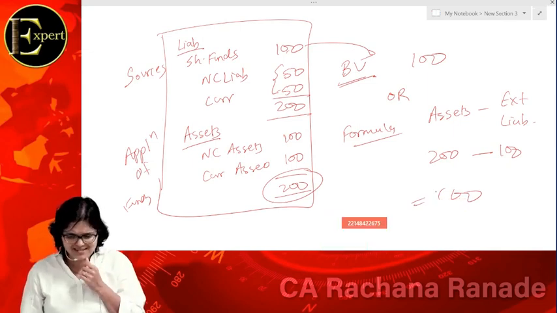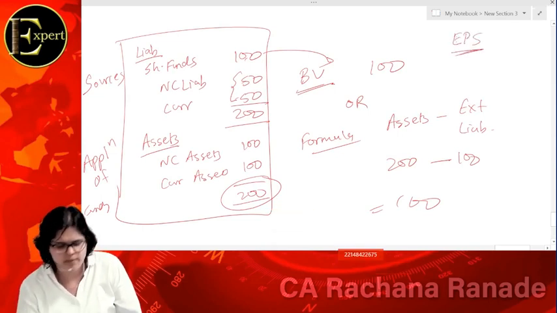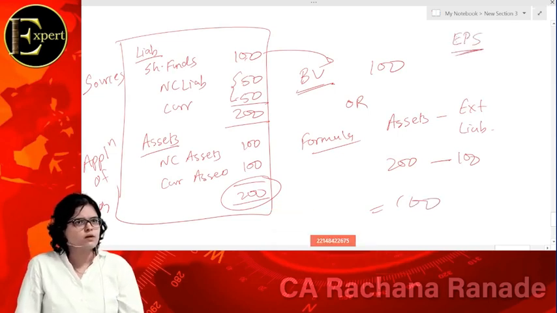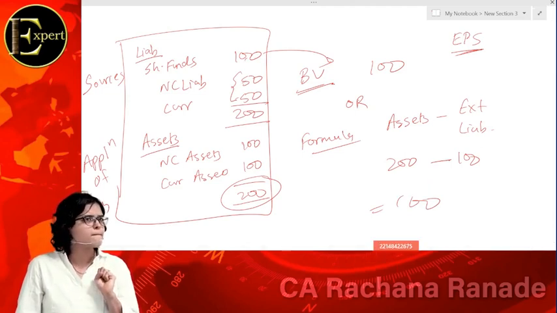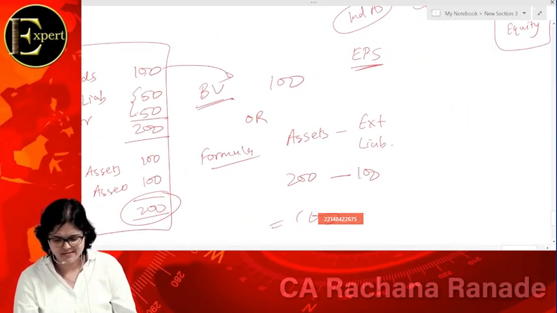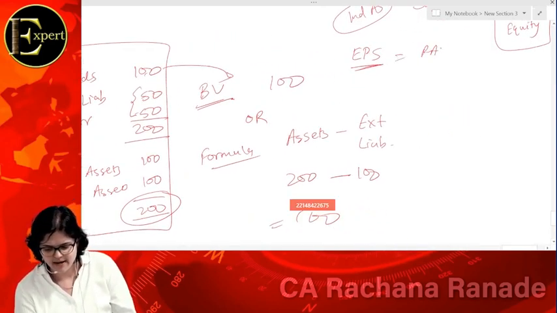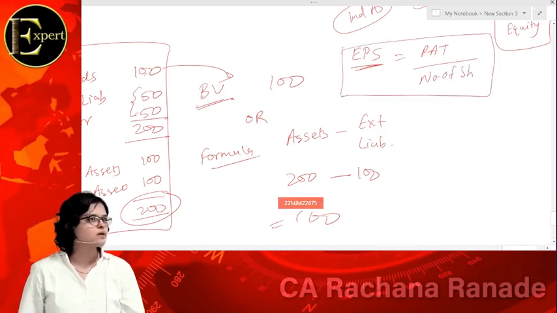Now, like yesterday we checked one formula, earnings per share. You remember what was earnings per share? What was our total earnings? Tell me. Achha, how did we calculate EPS? Very good. PAT divided by total number of shares. Correct?